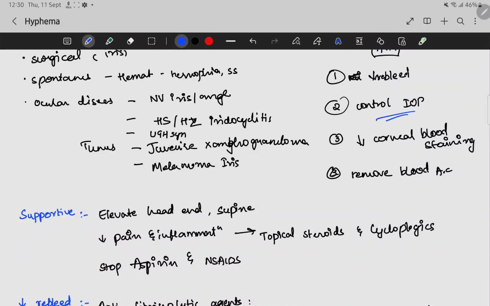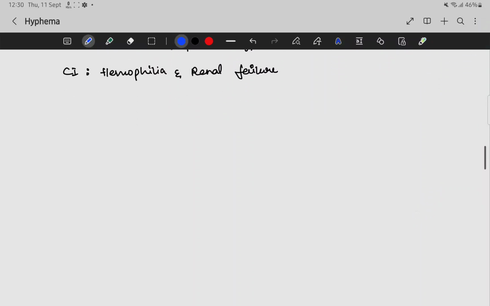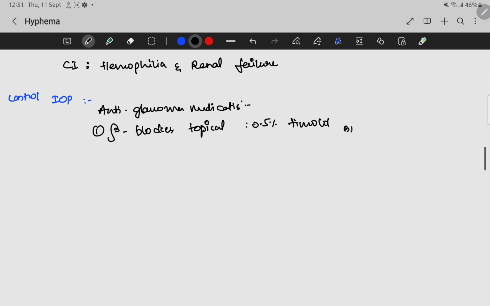Then we have to control the IOP. So how do we do this? First, with the help of anti-glaucoma medications. So we can give beta blockers, topical 0.5% timolol, BD.